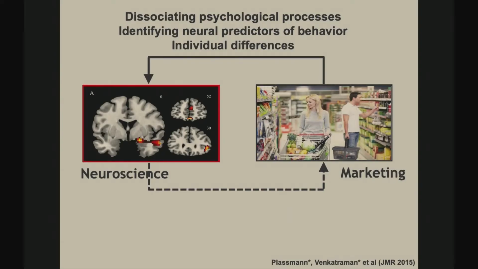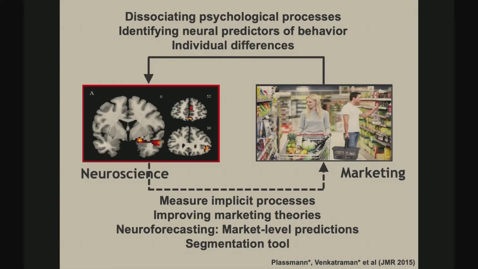That's what the effort has been in the last few years: to flip this arrow and say, now that we understand something about how the brain works and what some of these processes are, what can we contribute back to marketing? These are simple things like measuring implicit processes, but moving on to more complex things like neural predictions: taking something from a small group of individuals and predicting what happens at the market level.